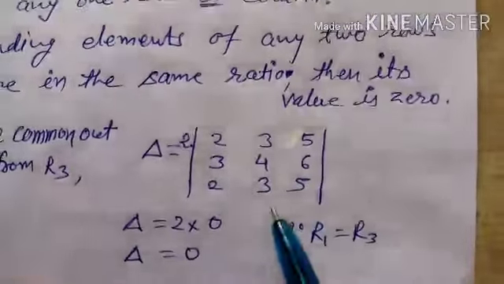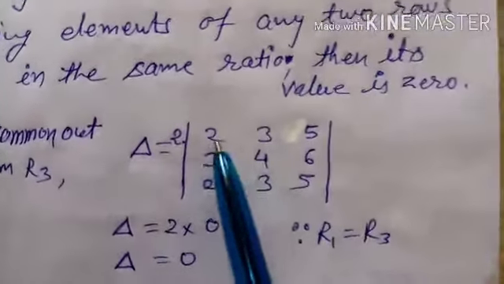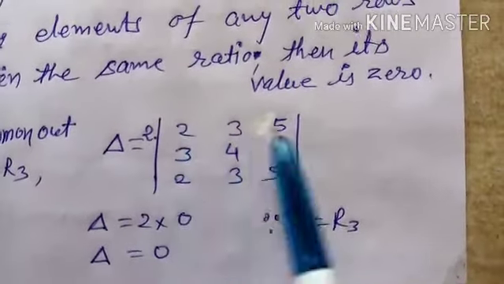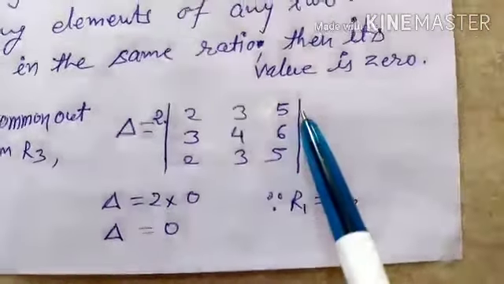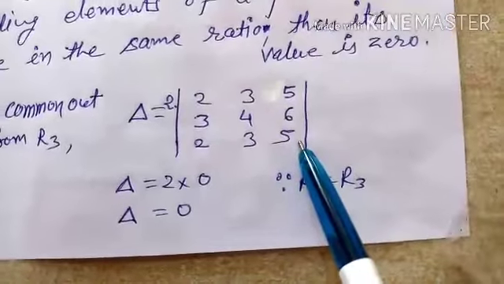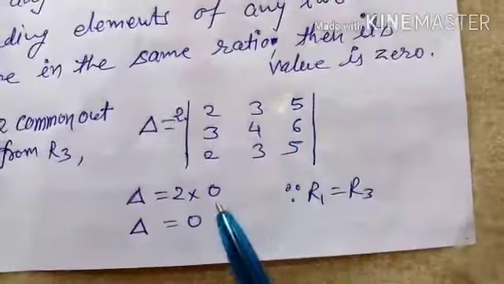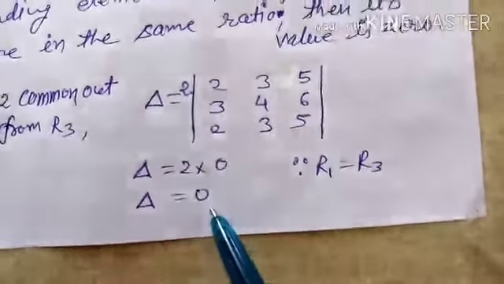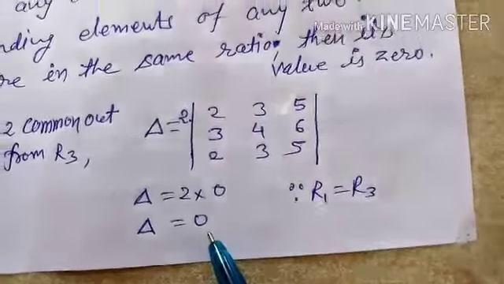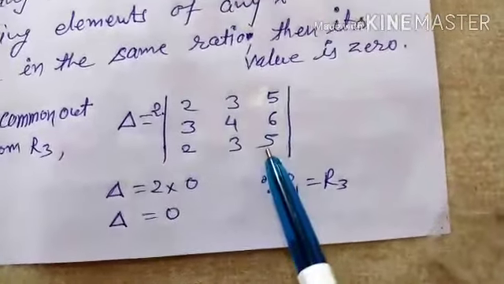Here the first row is 2 3 5 and the third row is also 2 3 5. Since the first row and third row are both equal, its value is 0, so 2 into 0 is 0. By using property number 3, if two rows are identical, then its value is 0.